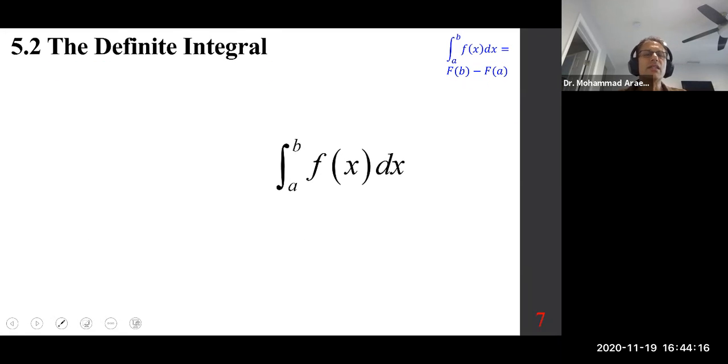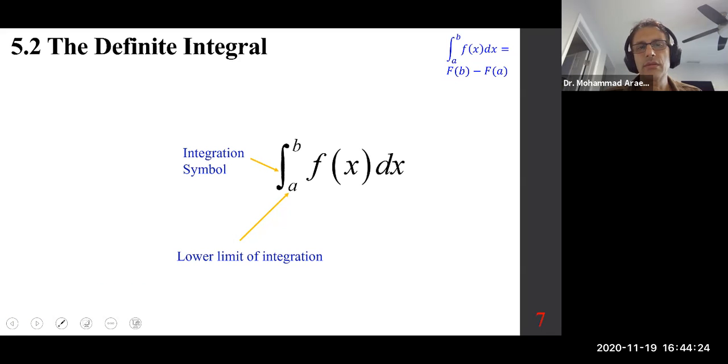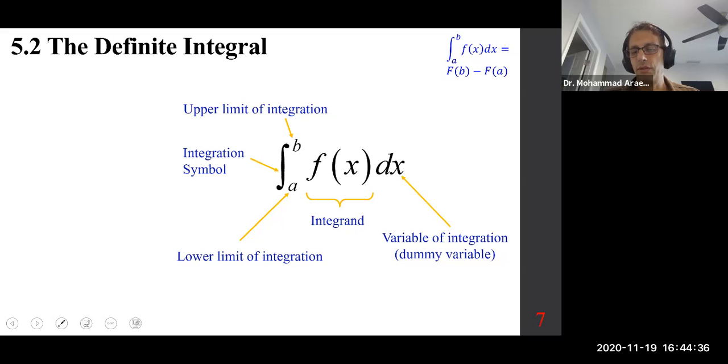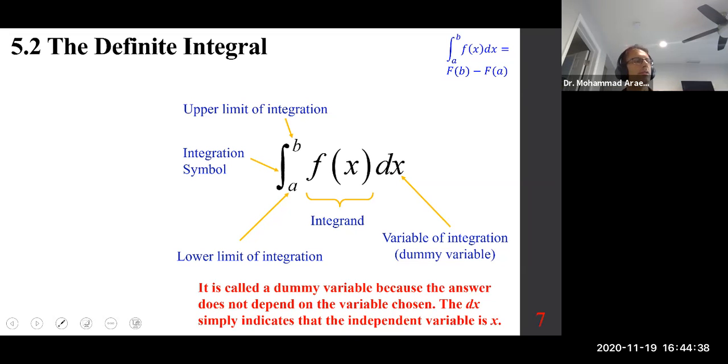All right, we want to discuss every part of this in case we haven't. Integration symbol, lower limit, upper limit, the integrand. dx is called a dummy variable because in essence, it tells us what the independent variable is.